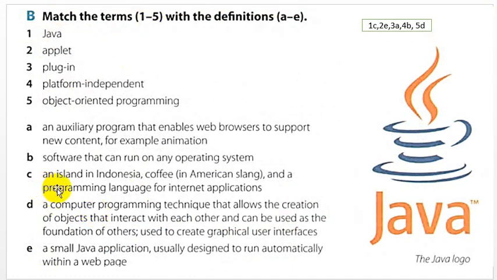C: Indonesia, coffee in America, and a programming language for internet applications. Besides the meaning of Java as a programming language, it is the name of an island in Indonesia and the name of a coffee in America.